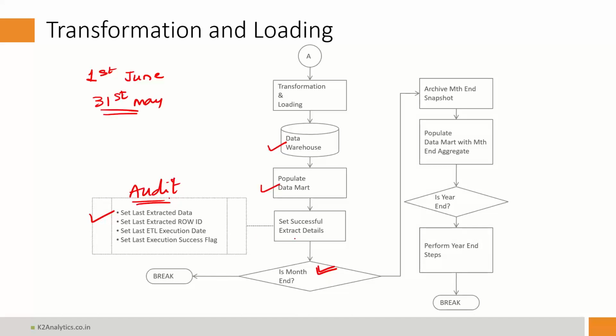If the data which I am extracting is of 31st May, it will say, okay, it's a month end. You may want certain month-end related aggregations to happen. If it is not month end, because it's a daily thing, you will populate the data mart with a daily ETL, and you will just break out and exit.